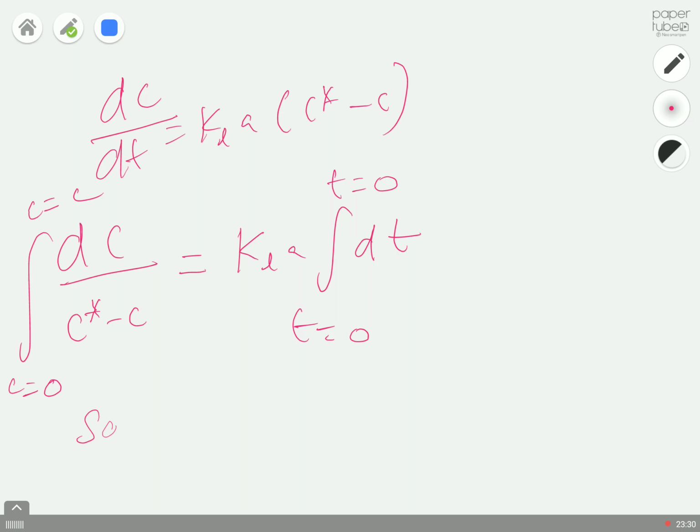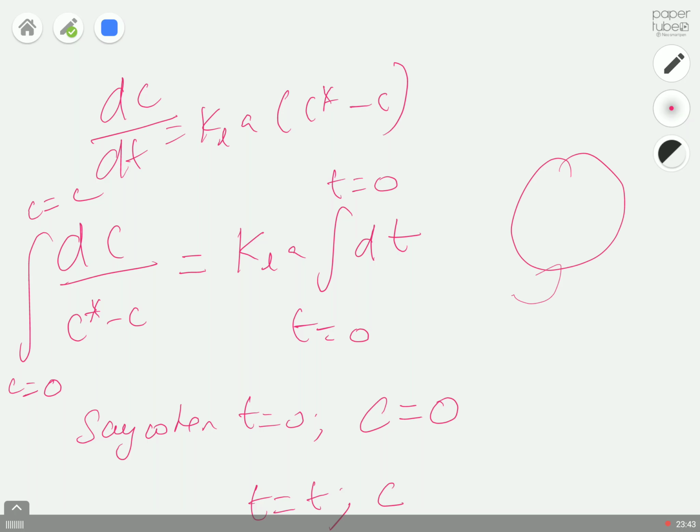Say when time t equals 0, the concentration of oxygen in the liquid is equal to 0. Just imagine you start your experiment with 0 milligrams per liter of oxygen, and then you start to supply oxygen, and your concentration is going to increase.